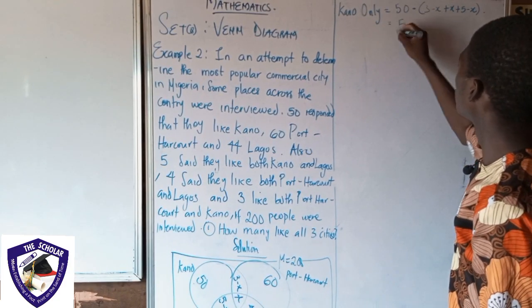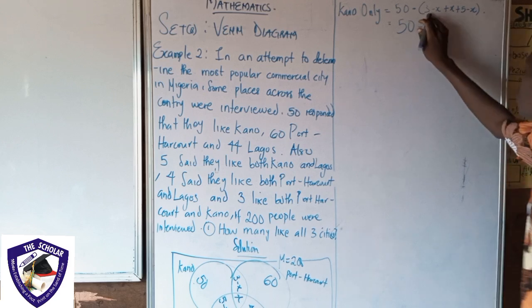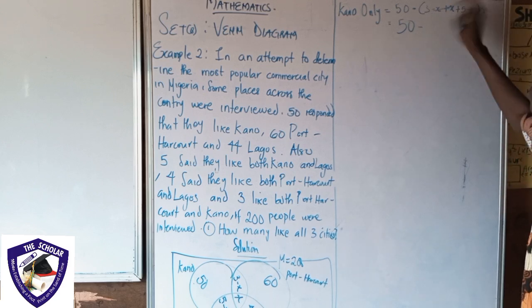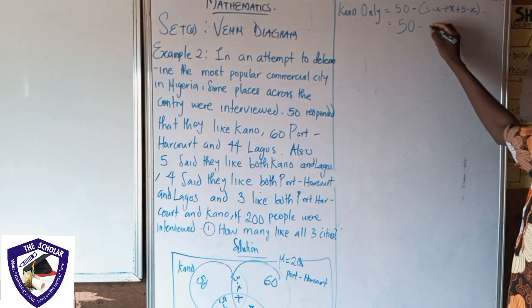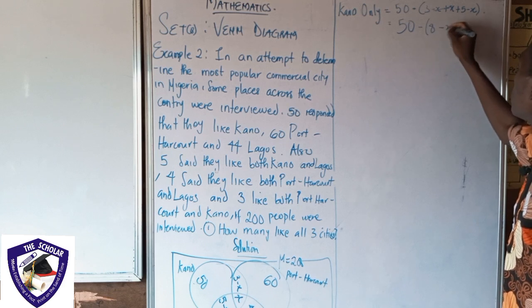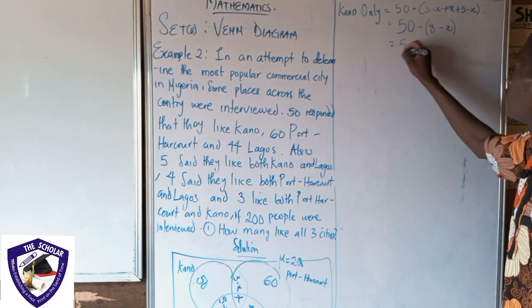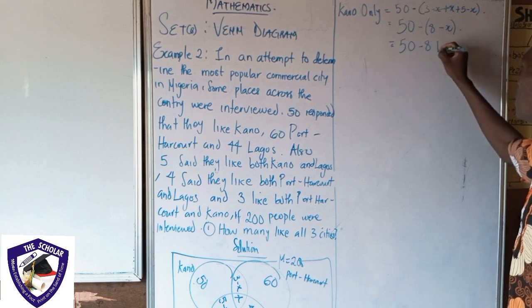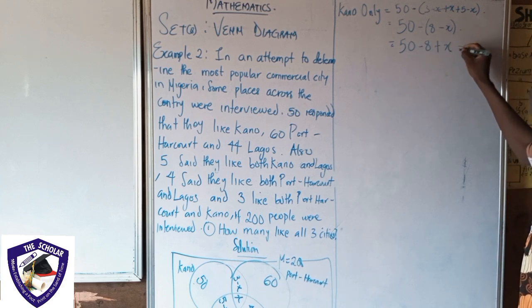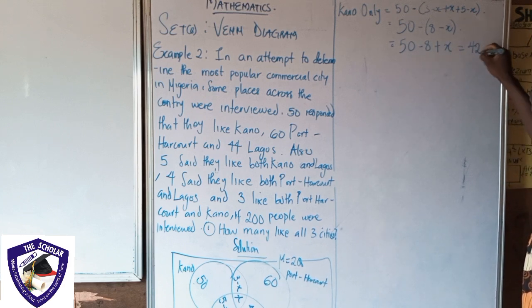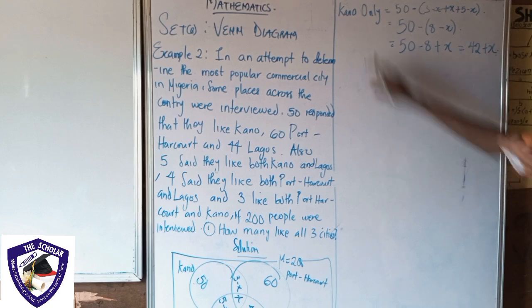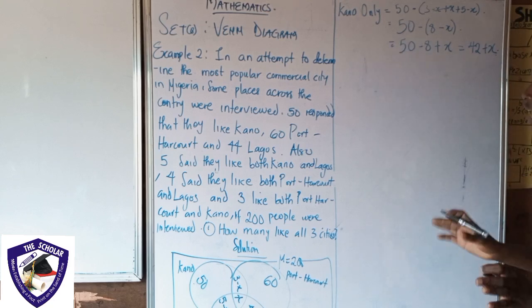So we have 50 minus, so here we have minus x. This will be eliminated. So we have 3 plus 5, that is 8, minus x. So here you have 50 minus 8 plus x. So here you have 42 plus x as the total number of people who like Kano only.